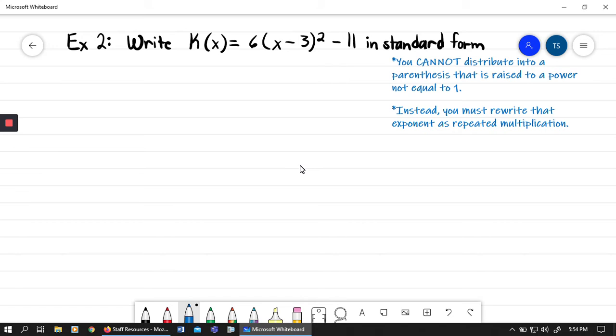Okay, so let's go ahead and do that. Let's rewrite this exponent here as repeated multiplication. We've still got the 6 in front, but if we write this as repeated multiplication, the exponent is 2, so we're multiplying it by itself, and we write it out twice.